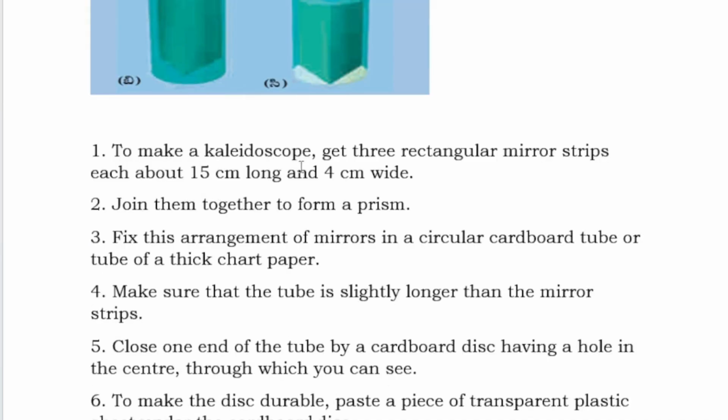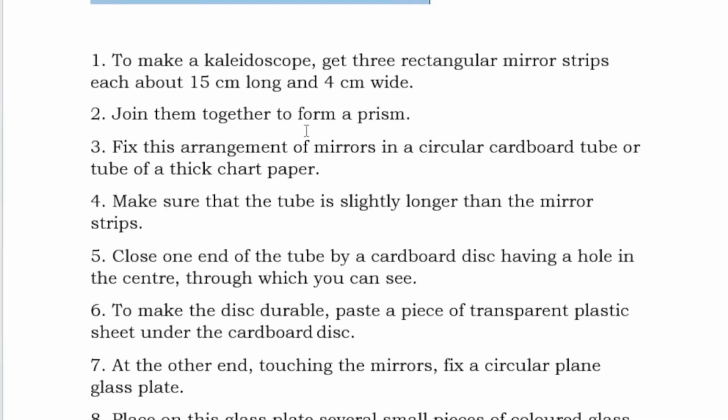To make a kaleidoscope, get 3 rectangular mirror strips, each about 15 cm long and 4 cm wide. Join them together to form a prism. Fix this arrangement of mirrors in a circular cardboard or tube with thick chart paper.